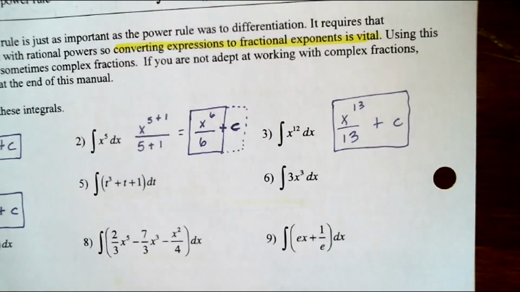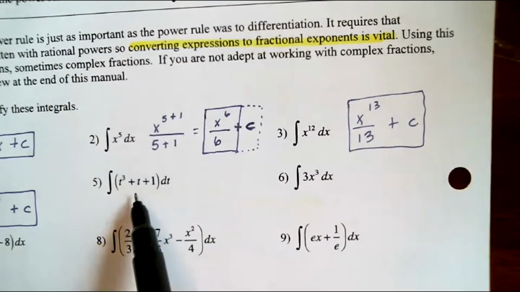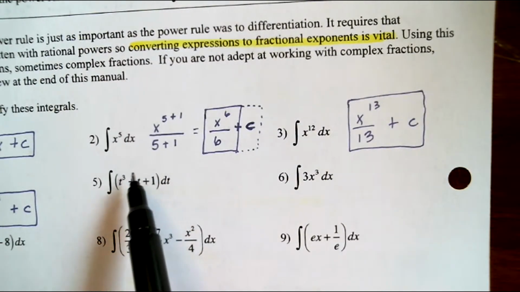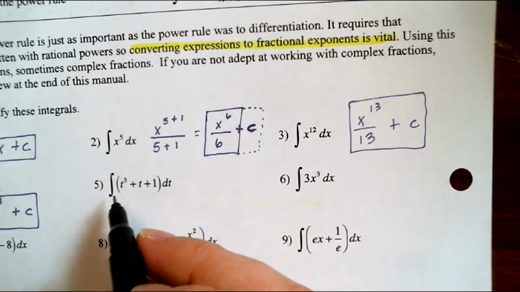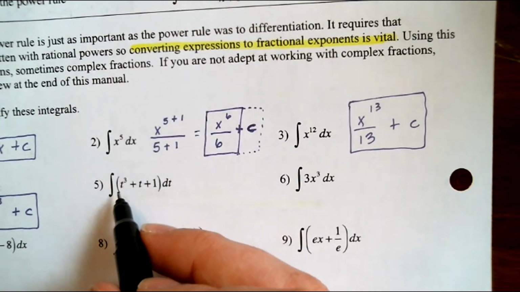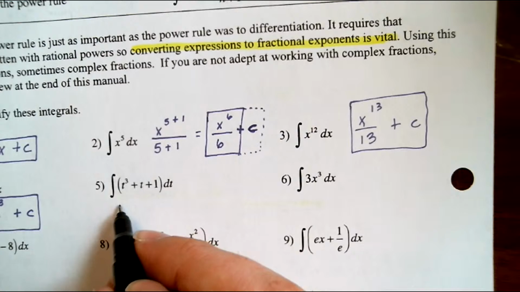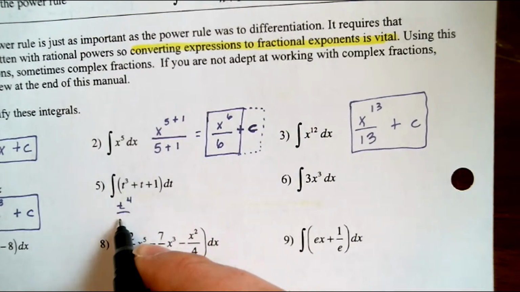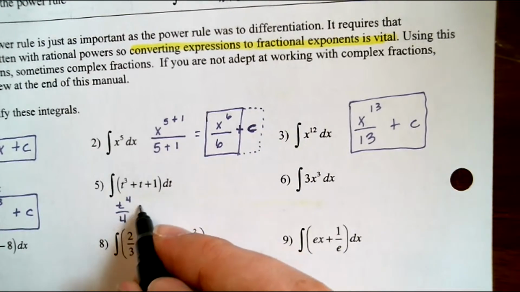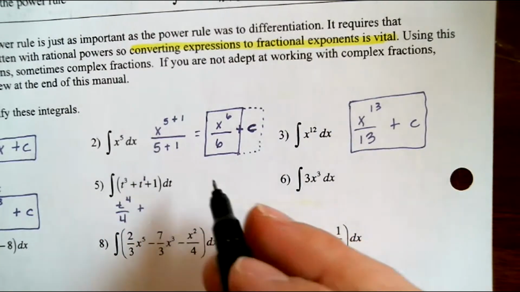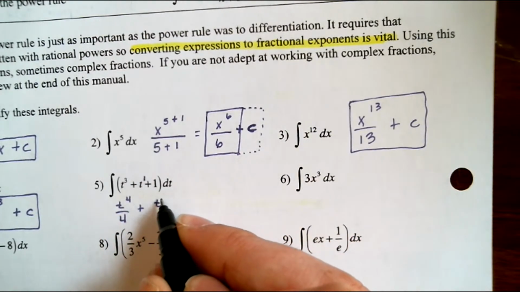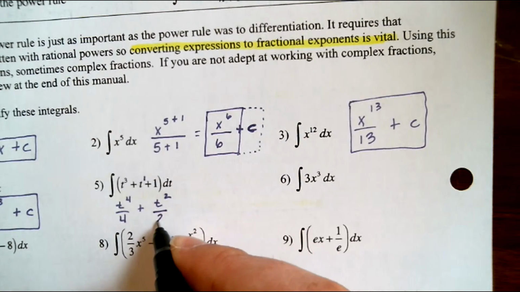Jumping over here to 5, t cubed plus t plus 1. Same thing here. We can just take the derivative of each, or excuse me, the antiderivative of each. We can integrate them all. So t to the 4th over 4 plus, now think about that, that'd be t to the 1st there, so that would be t squared over 2.